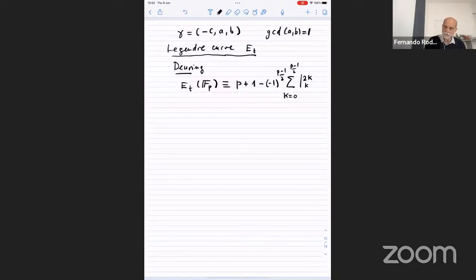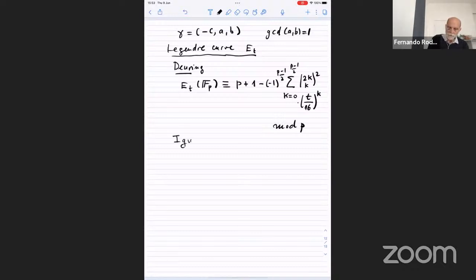But lo and behold, it is pretty much the same thing as the series that gives us the period that we started with. Concretely, it's a polynomial. You truncate it to order (p minus 1) over 2, but it's the same coefficients. And then you show that the number of points of the curve has this property.